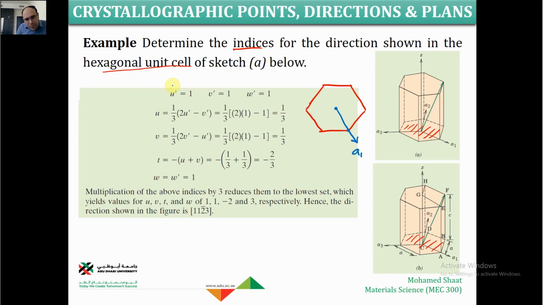Remember that U prime is how far you move parallel to A1. Then you skip one vertex and connect to the next one to define A2. And remember one specification about the geometry of the hexagonal shape: this angle is 120 degrees.